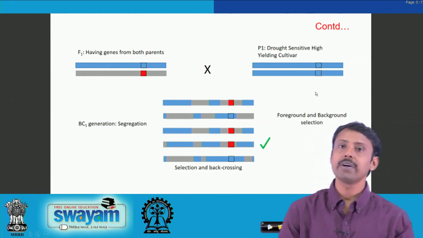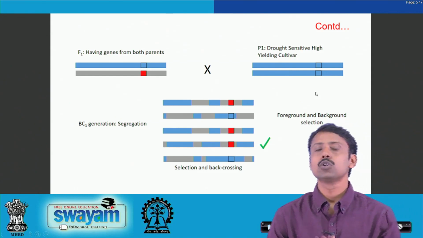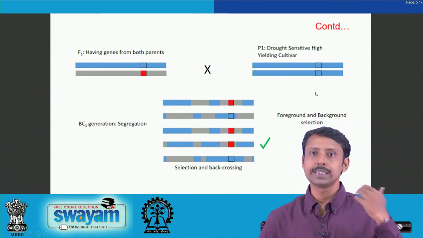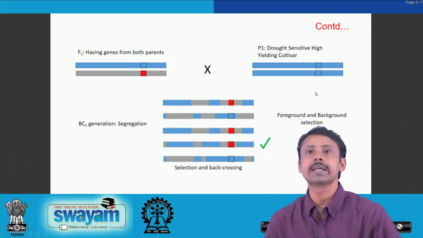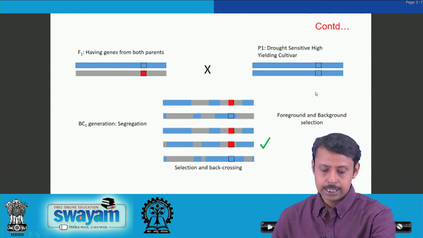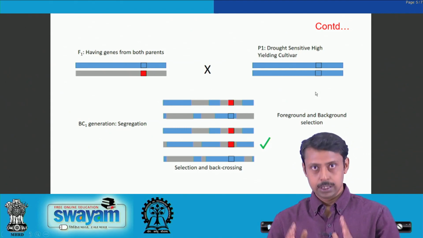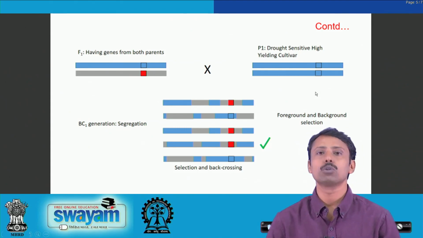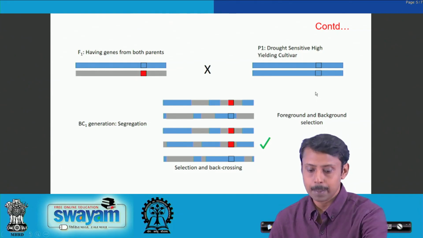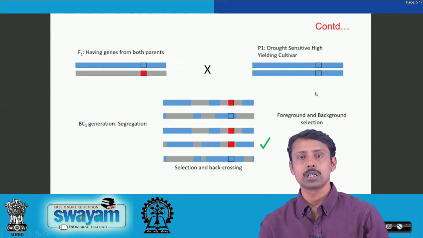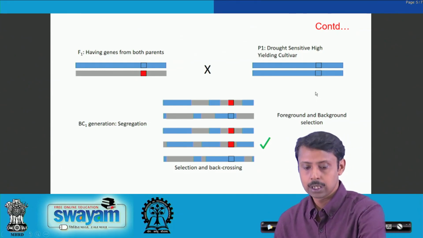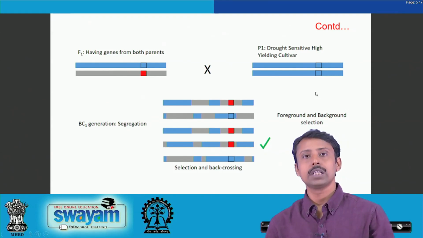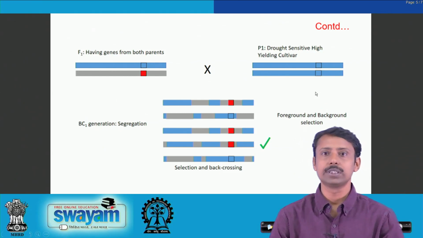This recovery can be easily done through foreground and background selection. Once we select for our targeted trait using the marker specific to the red colored region, this is known as foreground selection. But if we have to recover the rest of the genome of the high yielding plant, that is the blue region, for that we have to go for background selection.